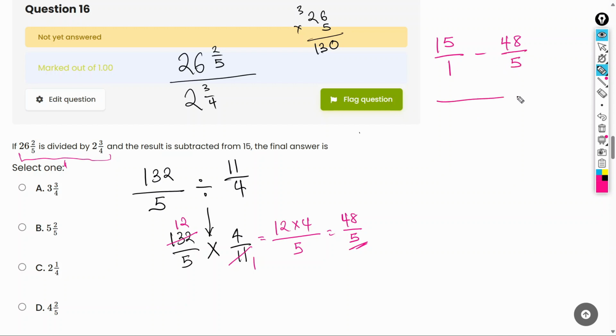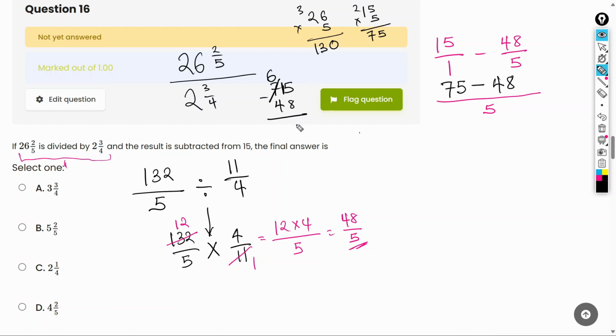Find the LCM of 5 and 1. Since it is just 1 and 5, the LCM is 5. 1 into 5 is 5. 5 times 15 is 75, minus 5 into 5 is 1, 1 times 48 is 48. 75 minus 48: borrow 1 from 7, that's 6.